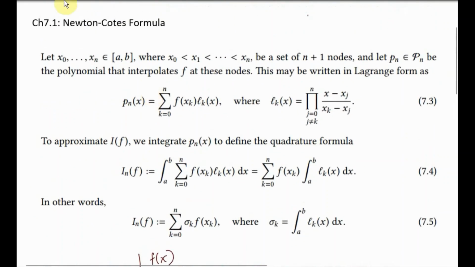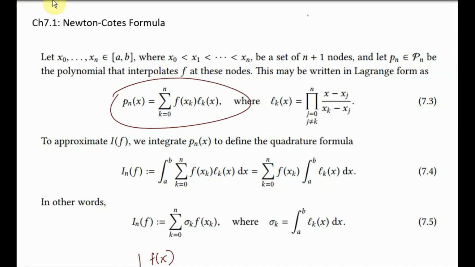That's it. So let's look at the maths. We find a polynomial using the Lagrange basis in this case, and then we simply perform integration over the interval a comma b on this polynomial.